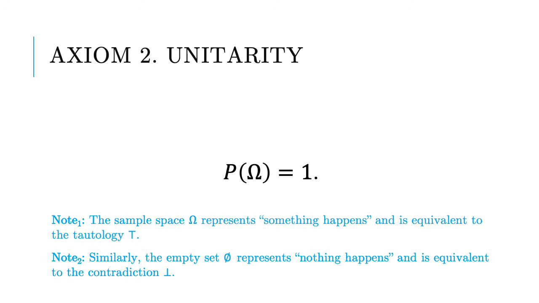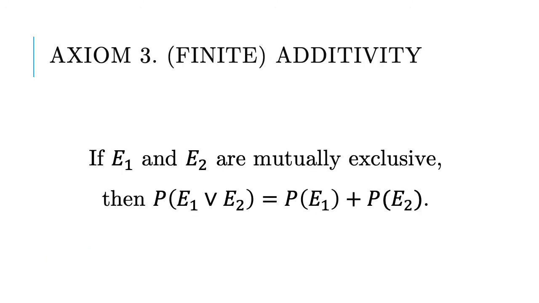Note, similarly, the empty set represents nothing happens and is equivalent to the contradiction. For a final axiom, we have finite additivity. If two events are mutually exclusive, then the probability of their disjunction is equal to the sum of their individual probabilities.